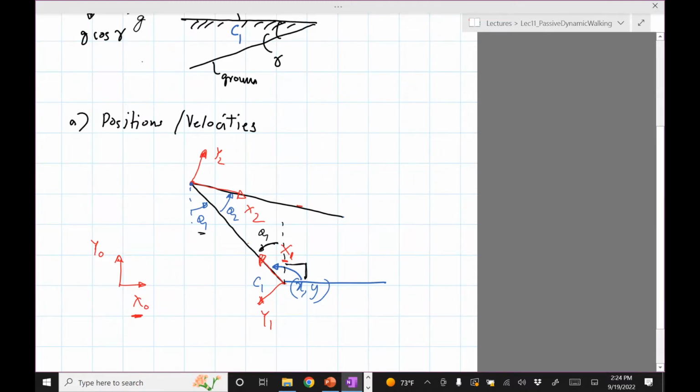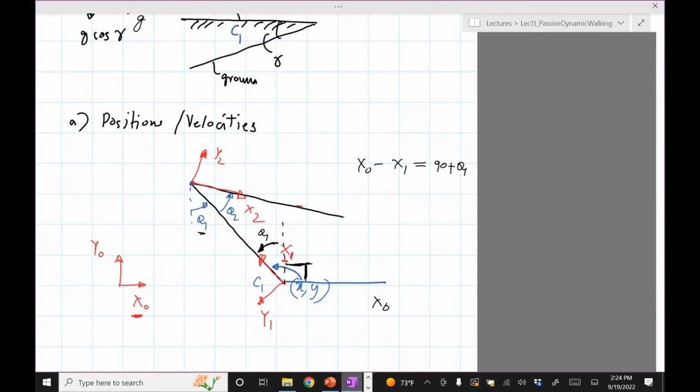So the angle made between x0 and x1 is 90 plus theta1. That's the angle between x0 and x1.